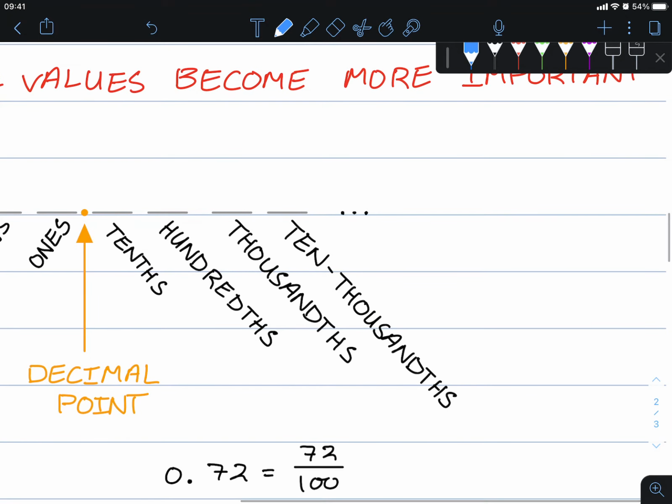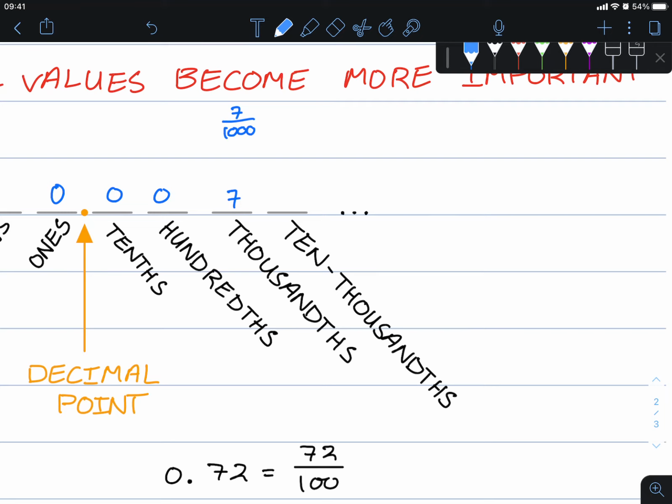For hundredths, it's the same thing. If we had 0.05, that's 5 over 100, so that's 5/100ths. If we had 0.007, that's 7/1000ths, so it's 7 over 1,000, and so on.